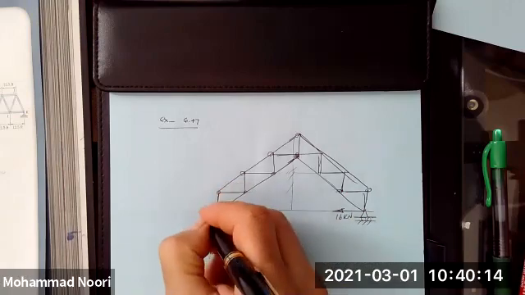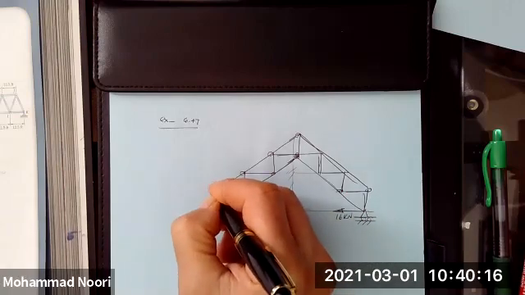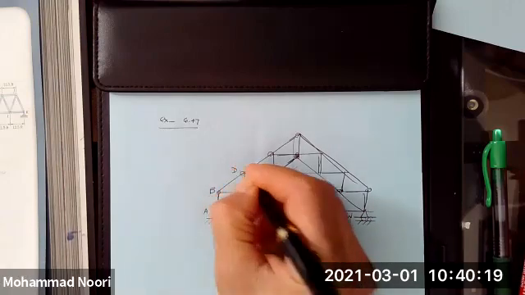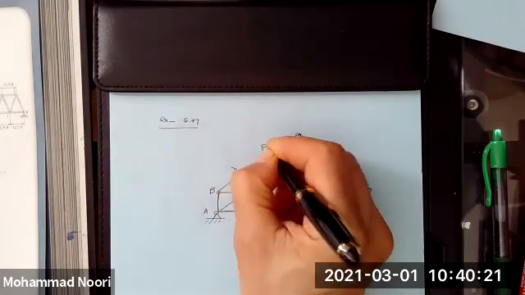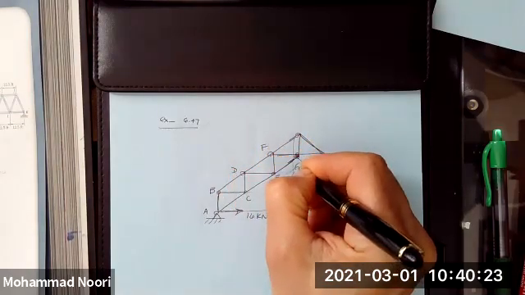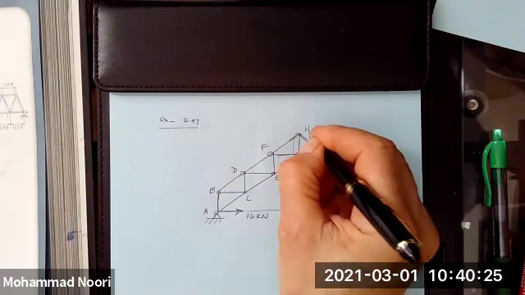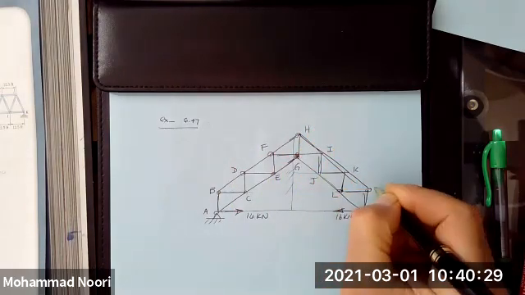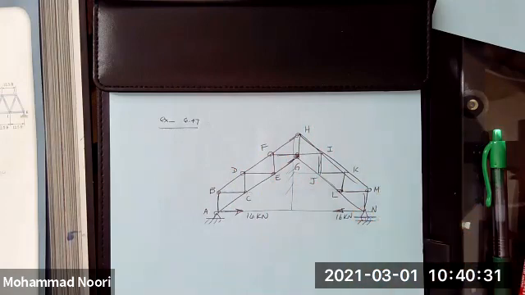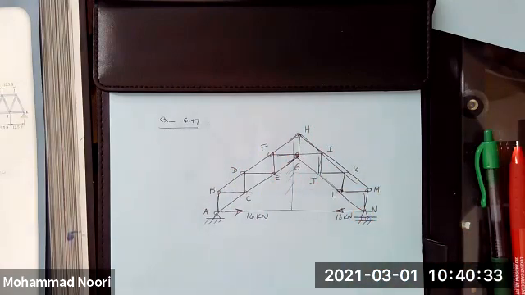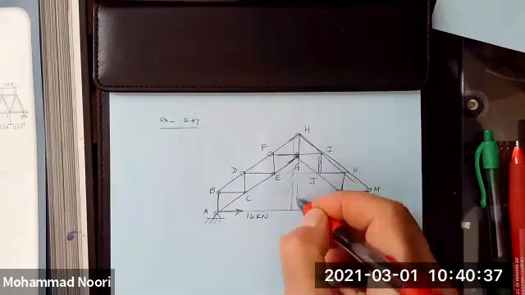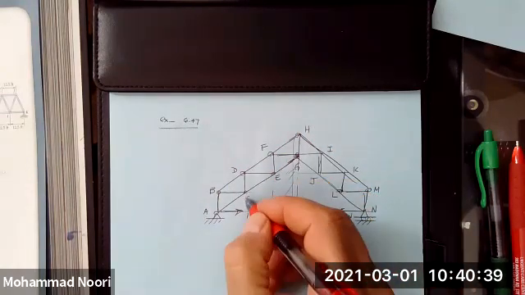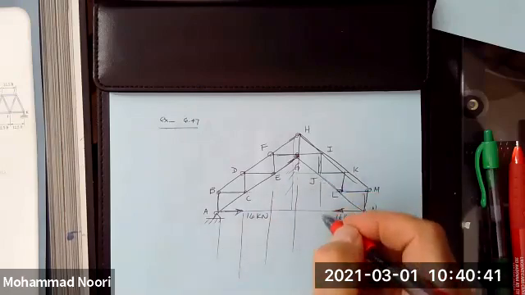So let me label this A, B, C, D, E, F, G, H, I, J, K, L, M, N. All right. And let me give you all the dimensions here. You need that.